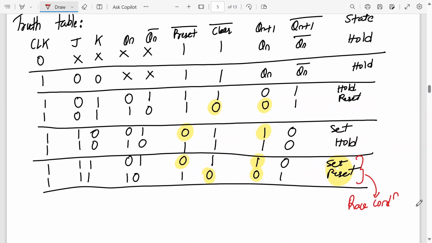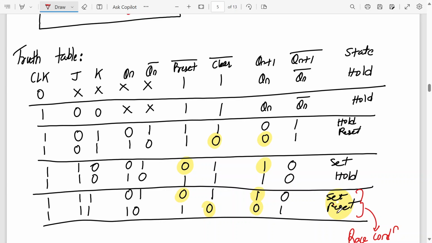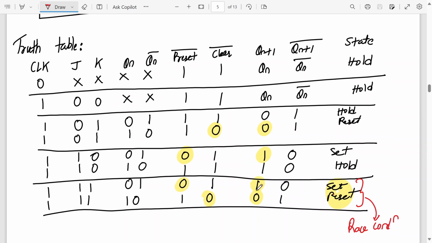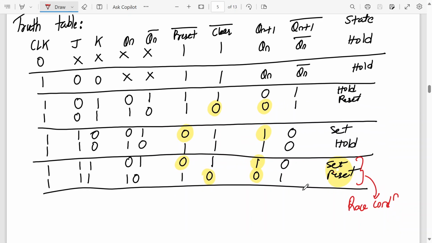Okay, so this race condition can be avoided in master slave JK flip flop, because otherwise it will keep on toggling until you deactivate the clock or you significantly change one of the inputs, which will affect the output. Or else it will toggle between 1010 0101. Got it? So that's why we go for a master slave JK flip flop.